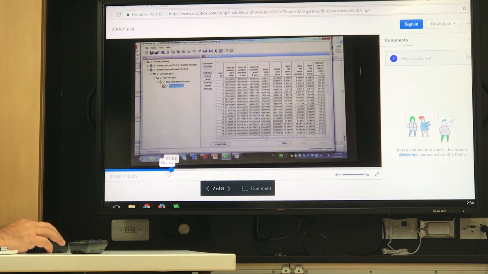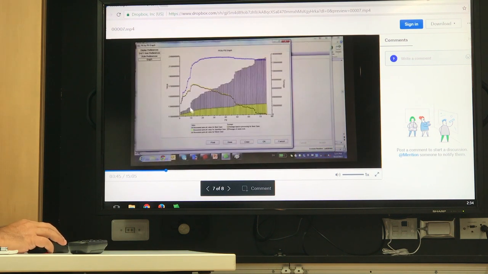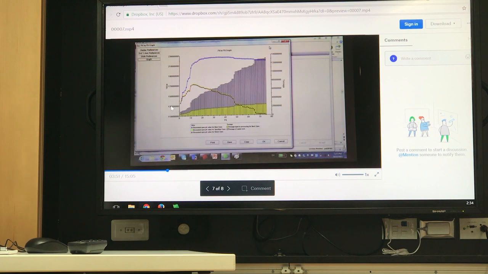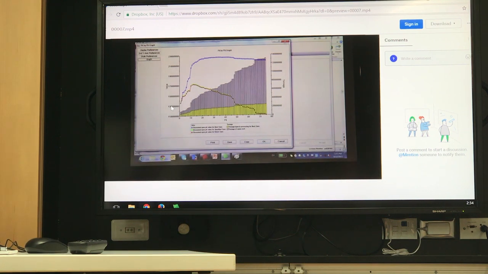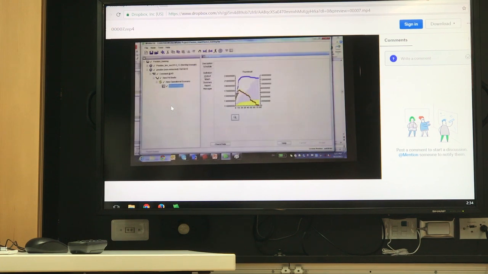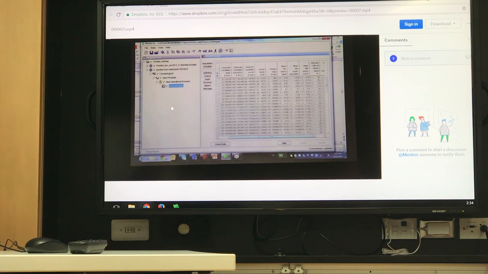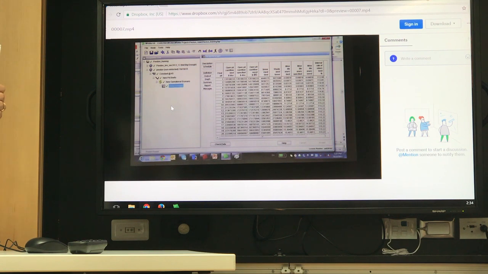So this could be 9, could be one of them. Then you look again for any kind of jump, and you stop at the pit shell before the jump happens. That could also be one of your intermediate pit shells. Why do you need this? If this is your final pit shell that you want to extract, you need to come up with some sort of starter pit at the beginning.